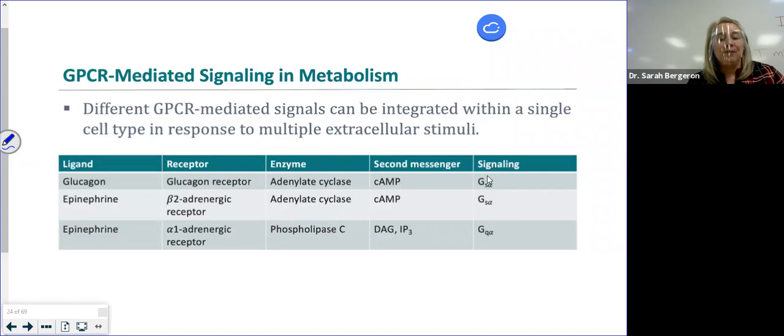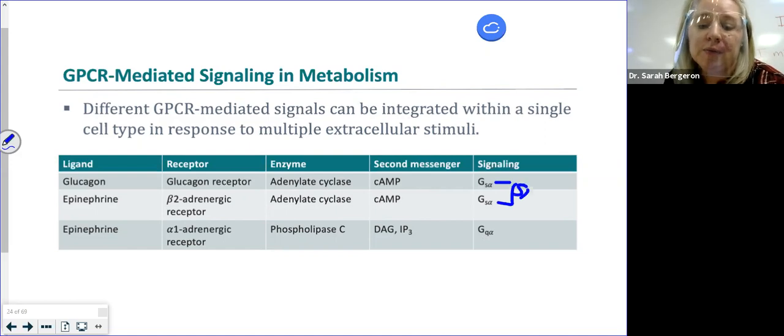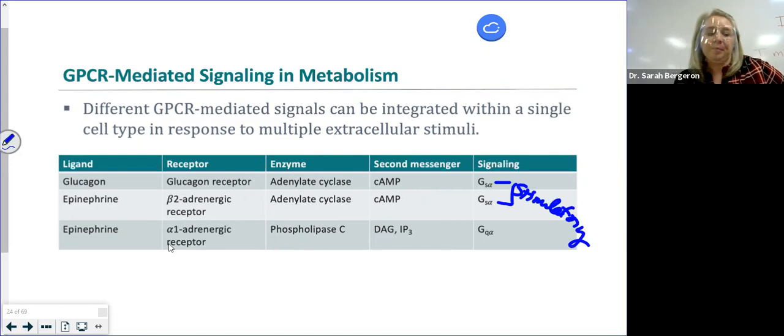So we typically function through a similar G protein coupled set of proteins. And we call those G, this is the G protein, Gs alpha for stimulatory. The S stands for stimulatory. I'm going to show you these in just a second. But we said epinephrine can function in a different pathway as well.